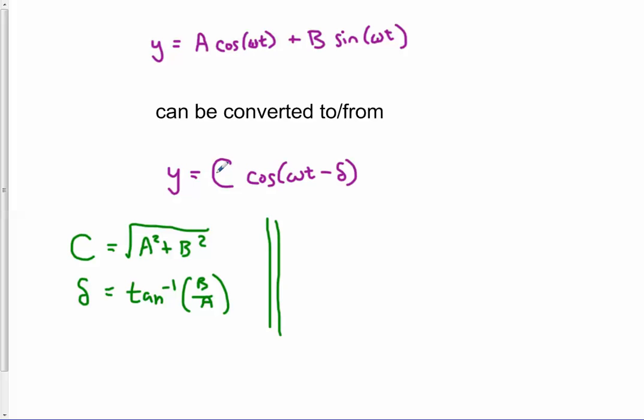If you have C and delta and you want to get back to A and B, A is C cosine delta and B is C sine delta. Again, that's like going from polar back to rectangular. So these are the conversion formulas, and you can turn any expression like this into an expression like this.